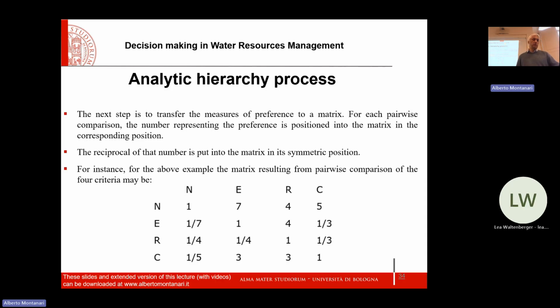Okay, let's go to the second row: 1, 7, because I already determined the comparison previously. 1 is in the diagonal. Now I have to compare environment with the river flow. I should take into account what I said before, but let's suppose that we cannot be rigorous.